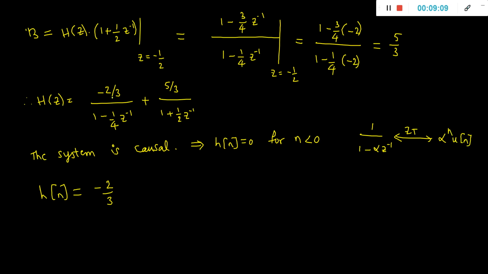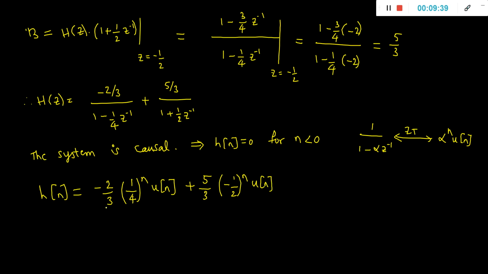The inverse z transform of 1 divided by 1 minus 1 by 4 z inverse will be equal to 1 by 4 raised to n u of n, plus, as it is 5 by 3, I'm going to write it here. Now the equation is 1 divided by 1 minus of minus half z inverse. Once again, its inverse z transform is given by minus half raised to n u of n.